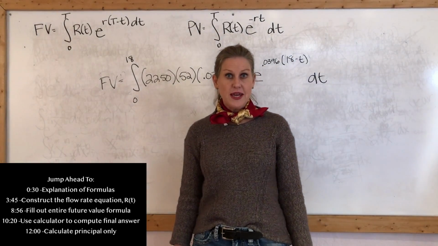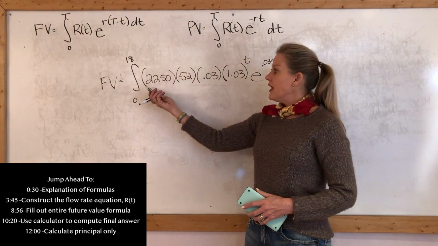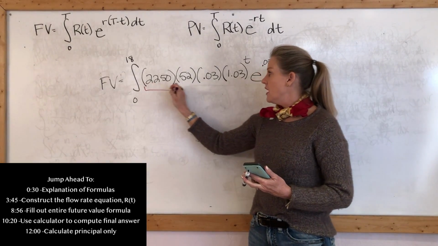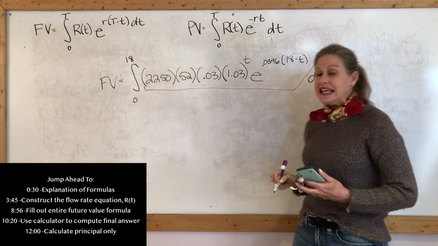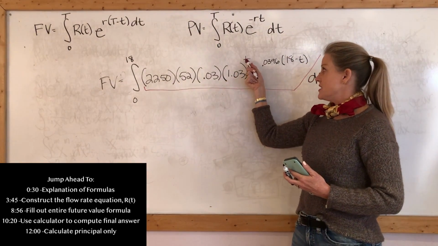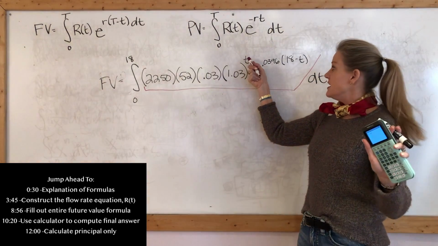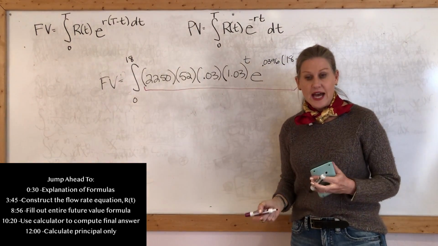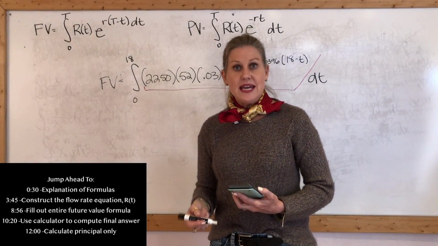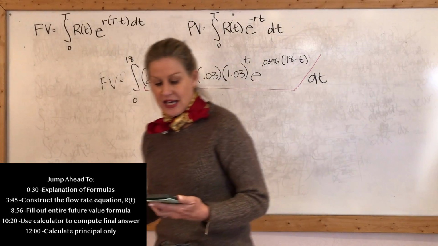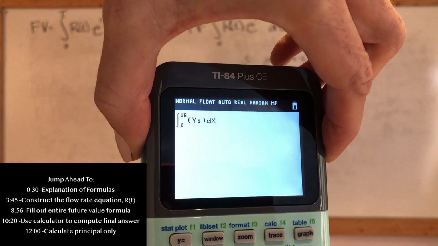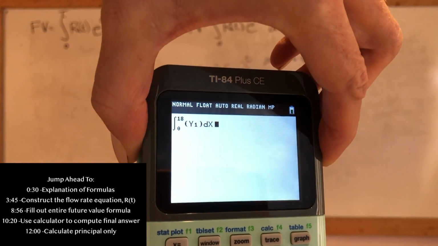So now I'm ready to go to my calculator, and I hit y1 or y equals, and I enter all of this into y1 using parentheses, and the only thing that's different in my calculator is instead of the letter t, I have the letter x as my variable. And then I go to my home screen and I hit Math 9, and I'm allowed to enter this into my calculator.